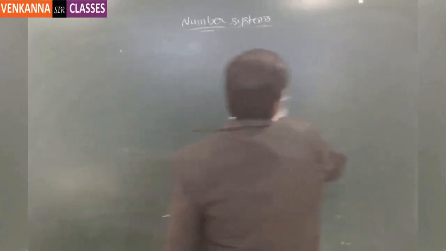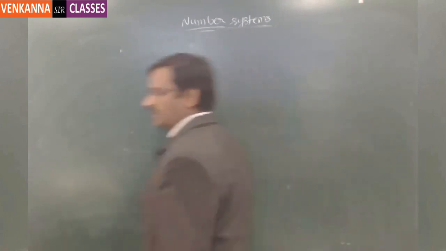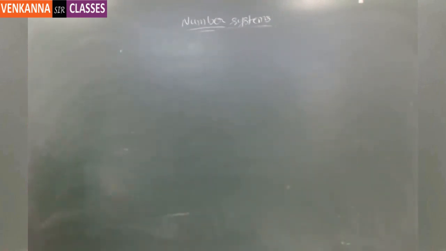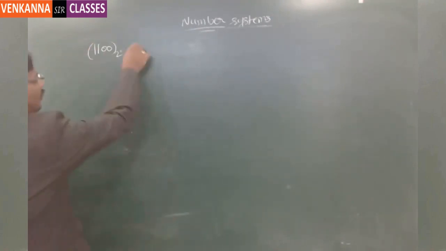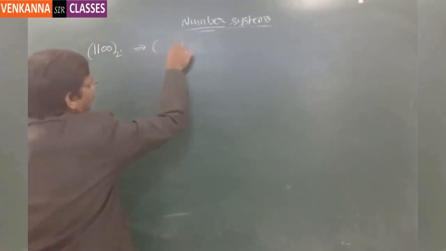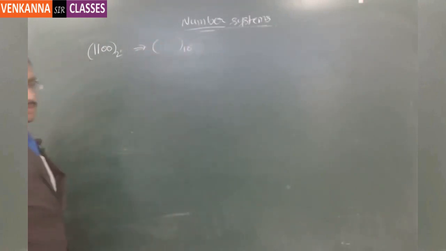So, any number system to decimal number system, if you want to convert it, earlier, suppose any number system, let us say binary, 1100 base 2. Now I wanted to convert this into base 10.